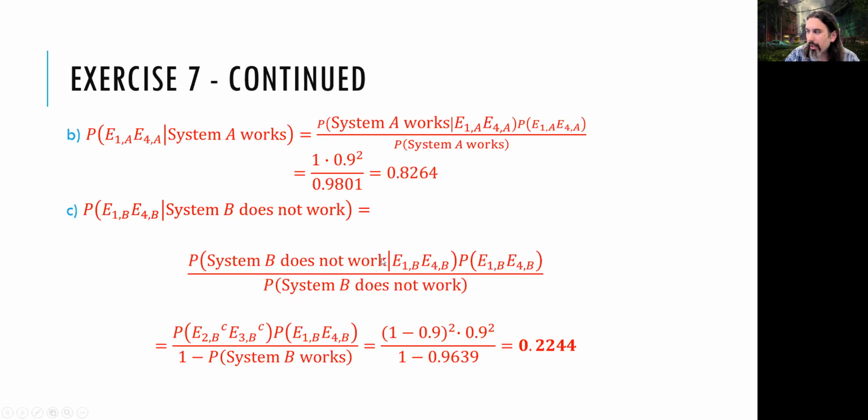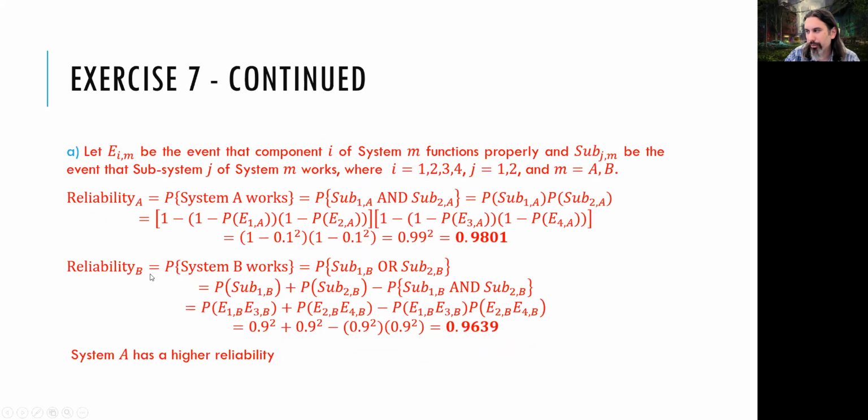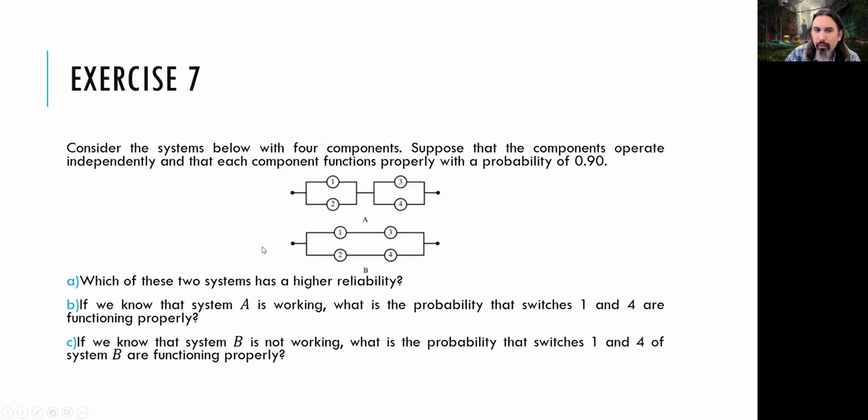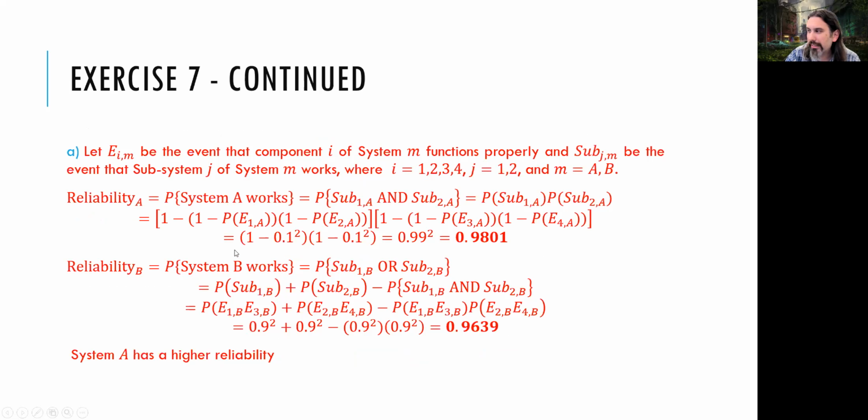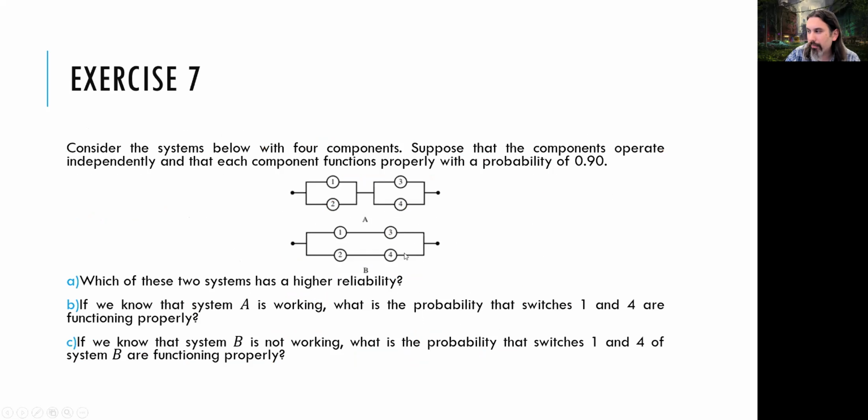In here, though, if 1 and 4 are not working, we know that these two are not working, and we want system B to not work. Let's take a look then. No, sorry, 1 and 4 are working. We want system B to not work when 1 and 4 are working.